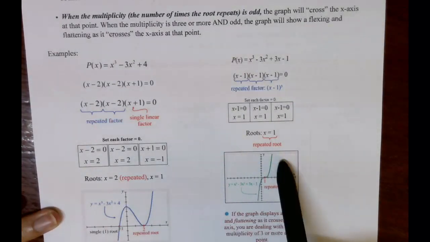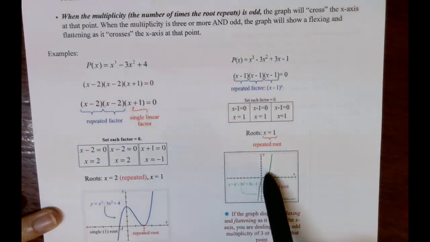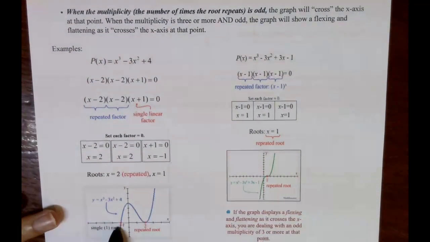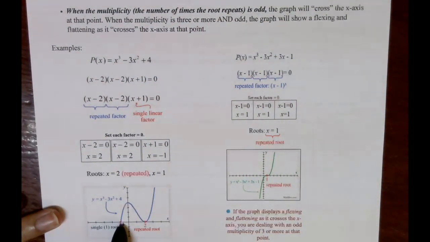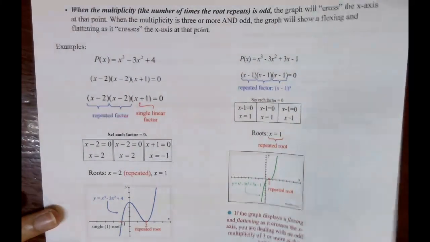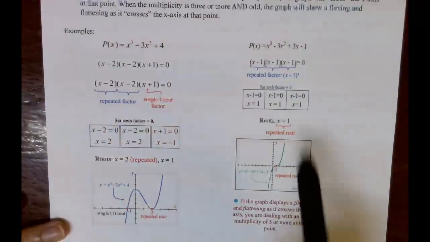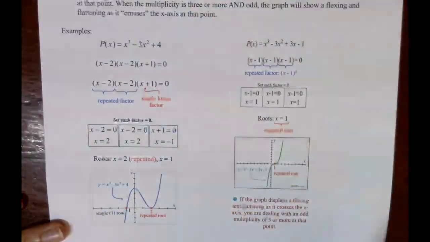It still goes through it, okay, but it looks a little bit flatter compared to when it only appeared once. Okay, so this is just an example of what was explained in terms of multiplicity.